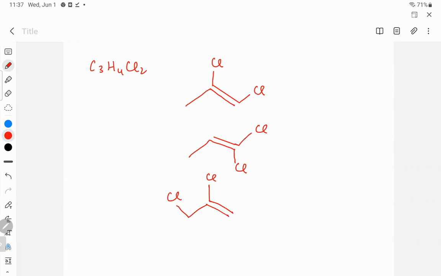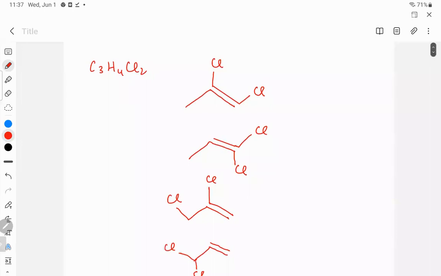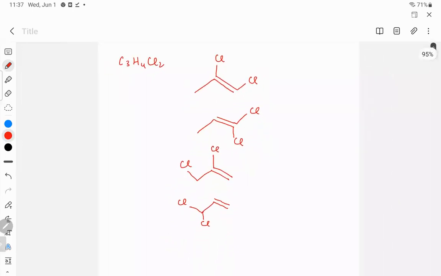And then we have another possibility that both the chlorines are bonded on the last carbon. So if we observe, these are the structural isomers. So what I did, I just made the structural isomers.